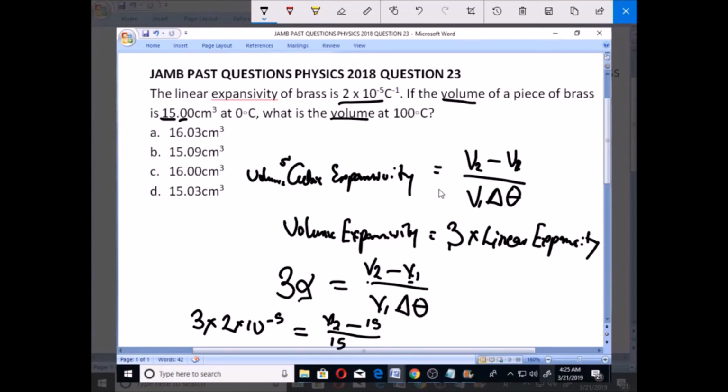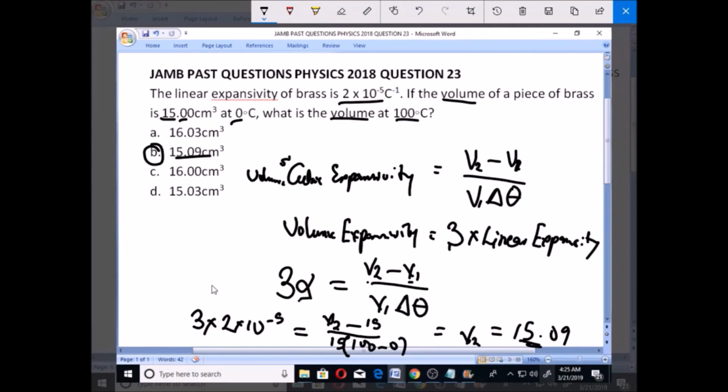The change in temperature is 100 minus 0, which is 100. If you solve and make V2 the subject of the formula, we find that V2 is equal to 15.09. So that is the answer. B is the correct option.